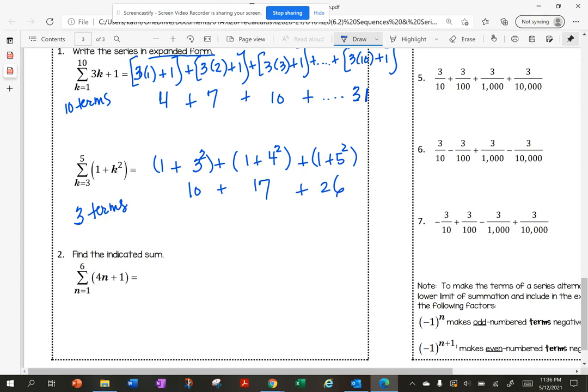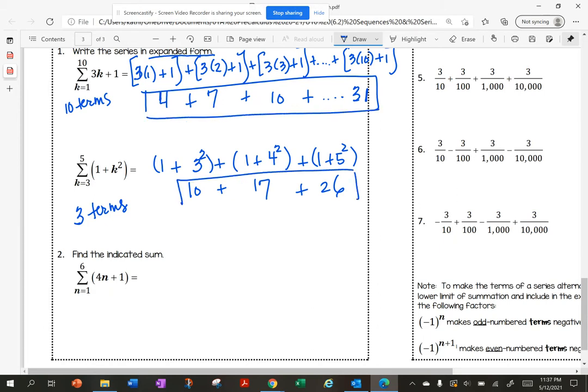Here's my expanded form. So it's asking for the expanded form.